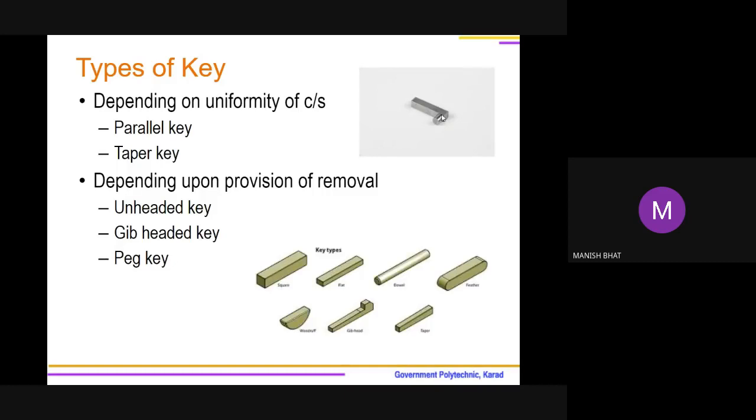To some keys, this cylindrical head is provided. It may be a peg key or J type of key. So if this cylindrical key is provided with the withdrawal arrangement, removal arrangement, it will look like a J as seen in the image here. So it may be a peg key, or the same when the head is provided, you can call it a jib headed key. So a key may have a head or may not have a head.